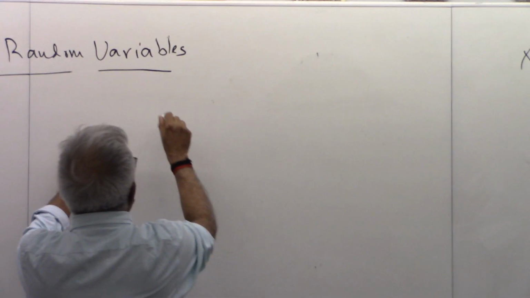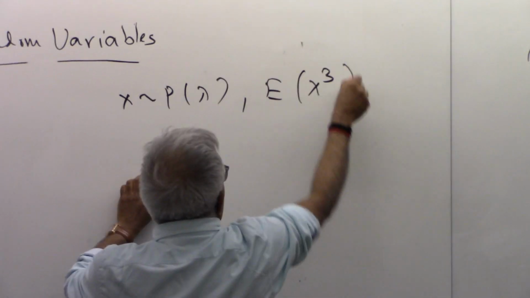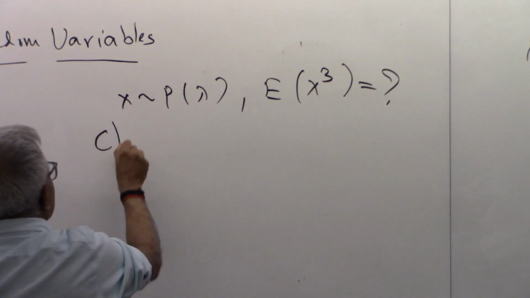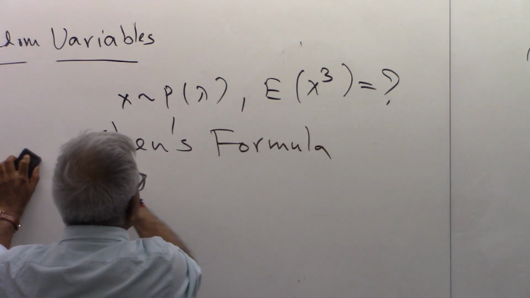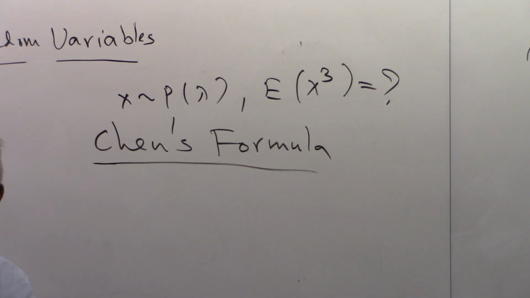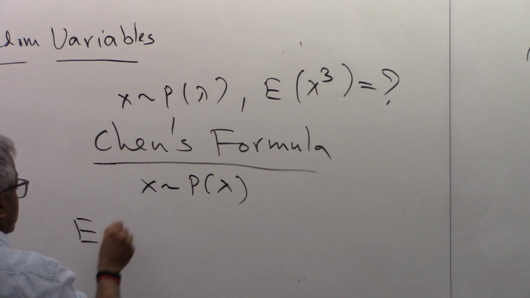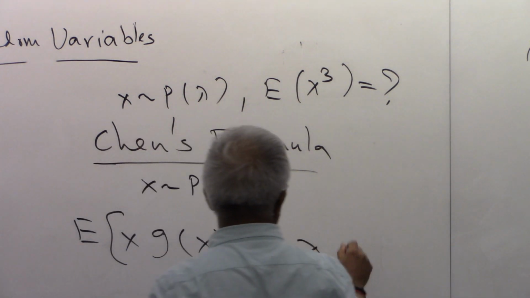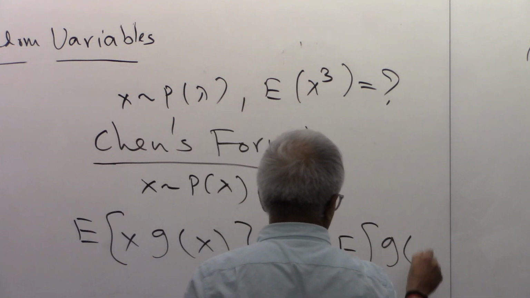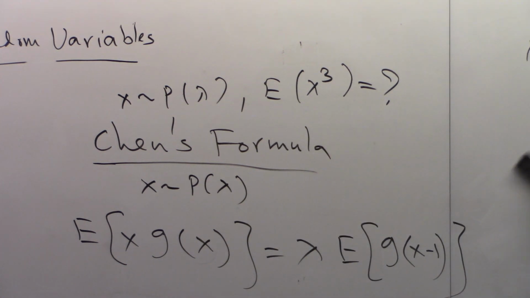So let's say this could be a homework problem. X is Poisson. What is the expected value of x cubed or x to the fourth? Anyone know Chen's formula? So for a Poisson random variable, this is true.